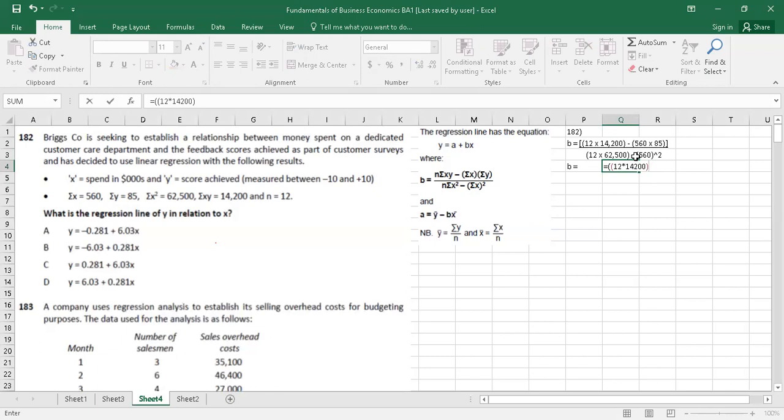Are you with me? So if you can also do along with me, that would be great. I'm doing it in Excel as well. That's perfectly fine.